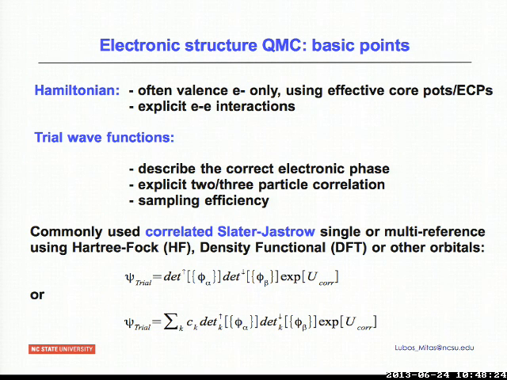So this includes, say, pair correlations between the electrons, so you can describe the electron-electron cusp, which corresponds to the divergence of the Coulomb interaction. And what we very often do is put in 3 particle correlations, namely electron, electron, ion, which are the next most important after the pair correlations.